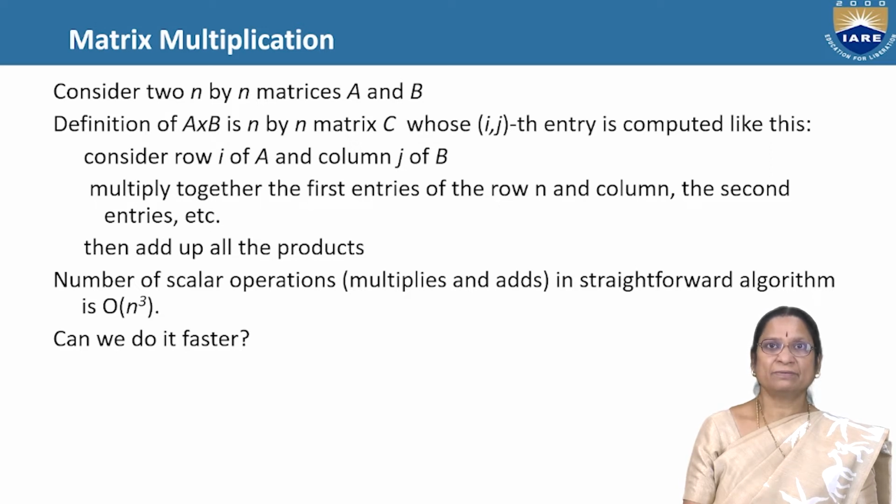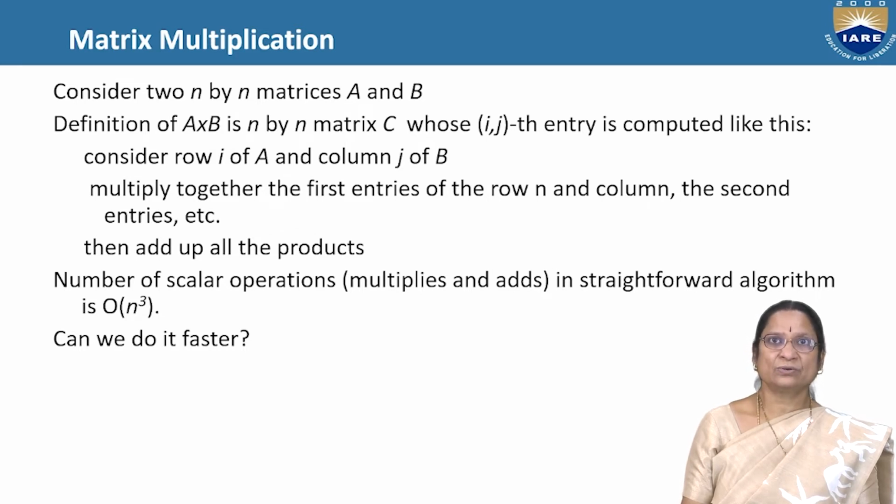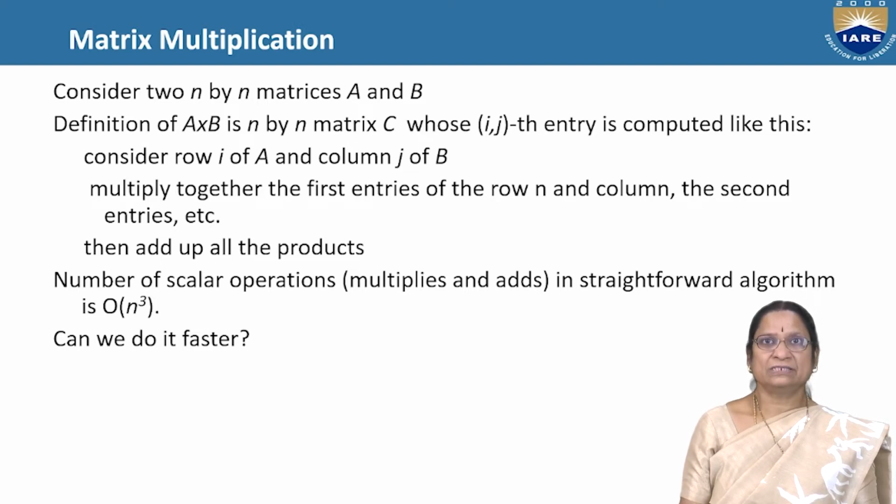The product of A and B is an n by n matrix, let us assume C, in which each element is computed by considering row i of A and column j of B. We multiply together the first entries of the row and column, then the second entries, and so on. Then we add up all these products, and we get the respective element.